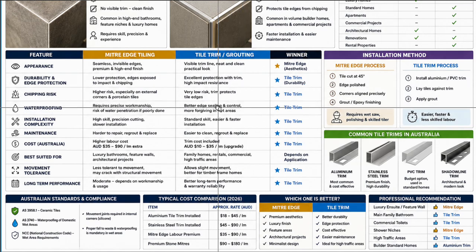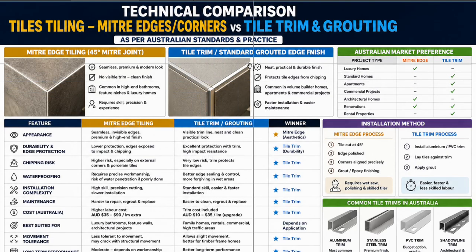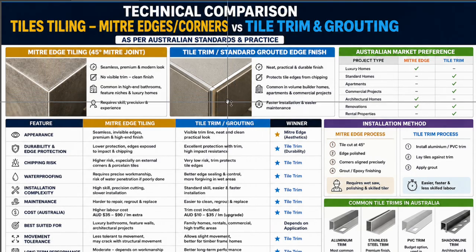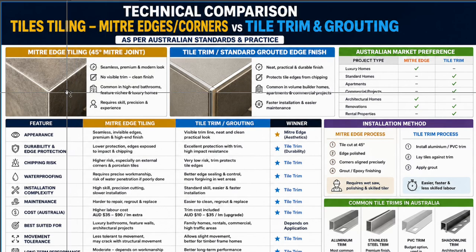To be true, you can ask a lot of people, they will tell you this is tile trim standard with grouting finish. This is the mitred 45 mitre. There is a lot of difference between them. This should be considered while you are doing that, because the mitred edge is very expensive.